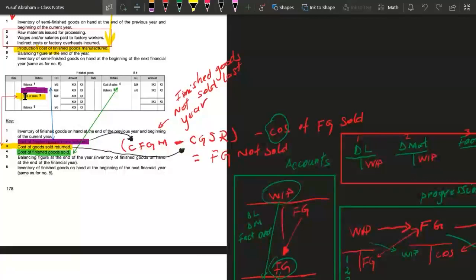Say we're going to manufacture 8 shirts again. So 2 from last year plus 8 from this year gives us 10. So we will have 10 shirts. And also we can take into account all the products, for example, that were returned.